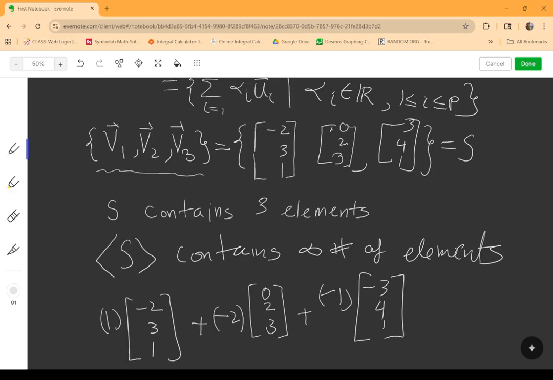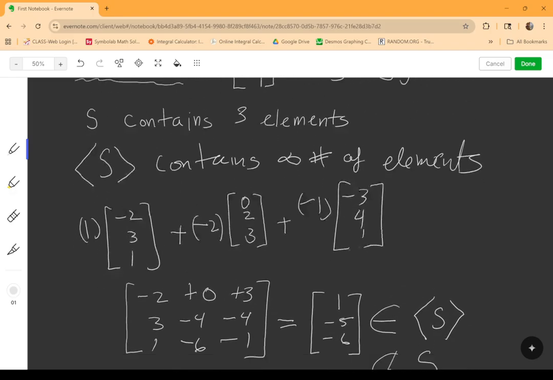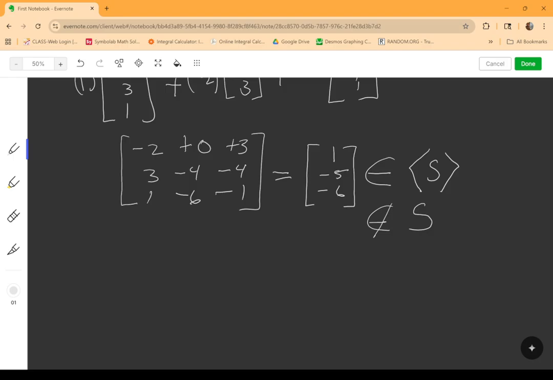So for our example above, v1 is an element of the span of S, and so are v2 and v3. And they are also elements of S.